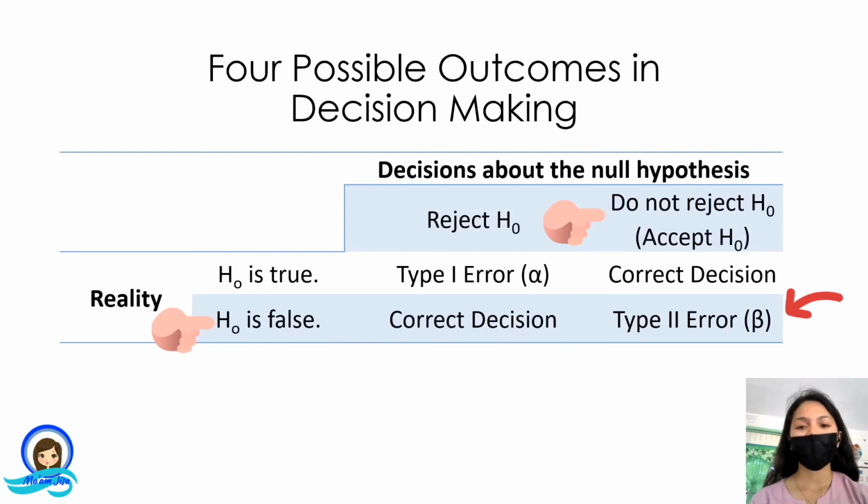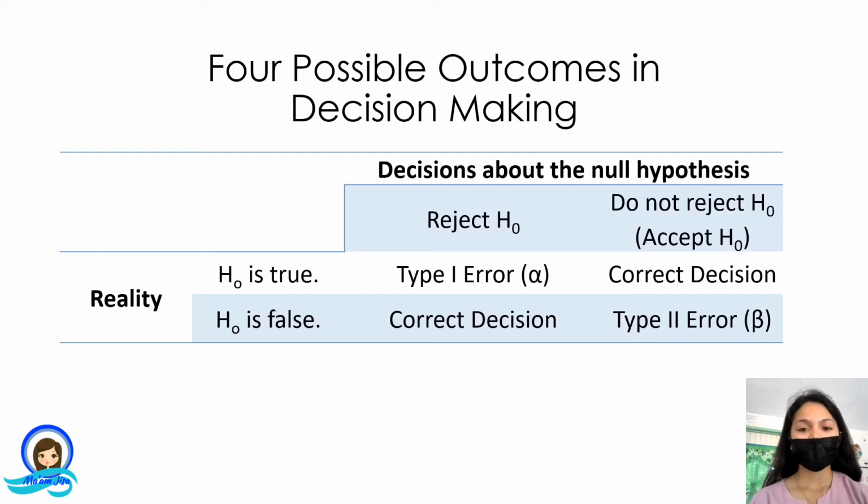So my dear students, for every action or decision we make, there are consequences. When we commit an error, there are consequences too. Since it is an error in decision making, the consequences may be tolerable or too severe. Severe enough to cost lives.